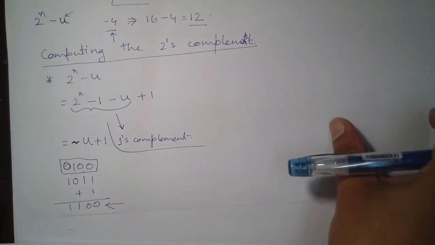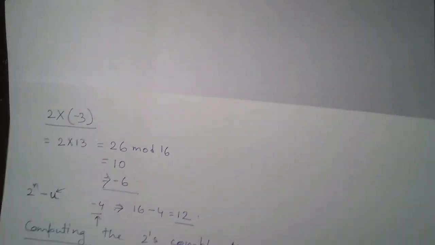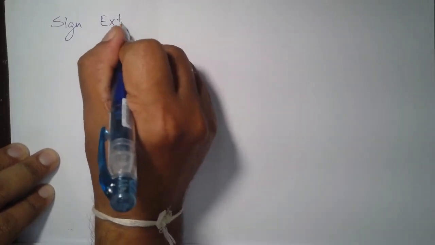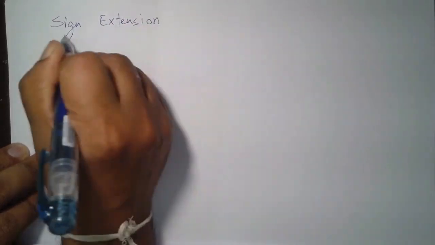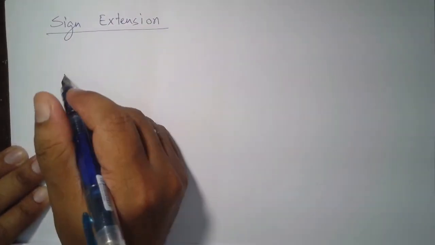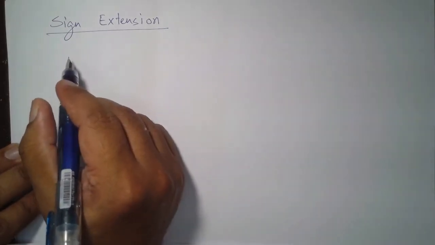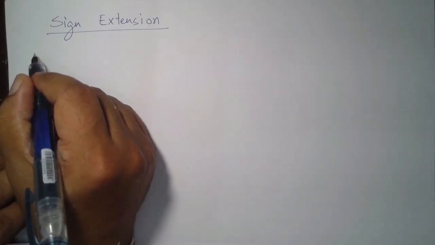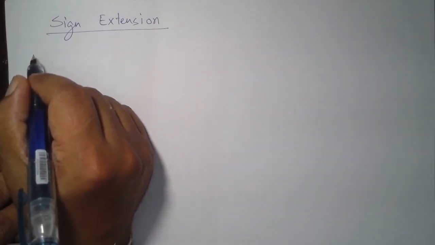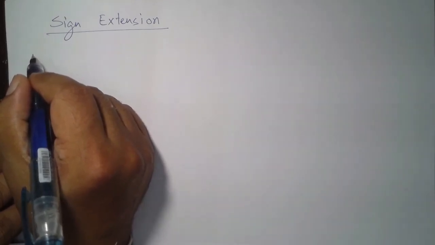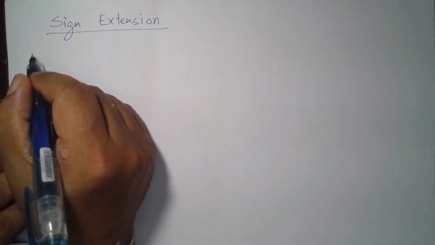So, the next thing we would like to go over is called sign extension. Basically what this means is that, let us say I have an n bit number and I want to convert it into an m bit number in the 2's complement representation.